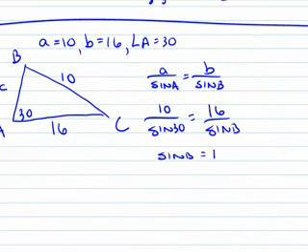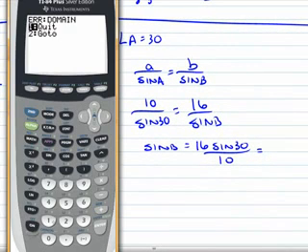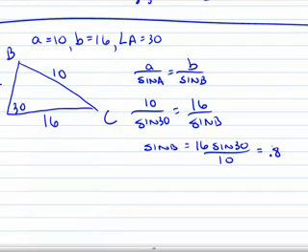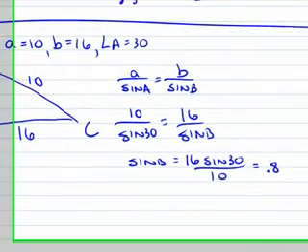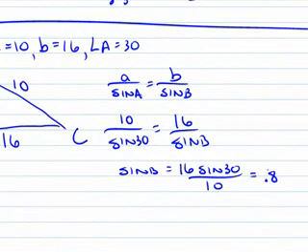So cross multiplying, we have 16 sine 30 over 10 for the sine of B. So to calculate that, 16 sine 30 is 8, over 10 would be 0.8. So we have a sine of 0.8. That is less than 1. So it's cool. We can go on.